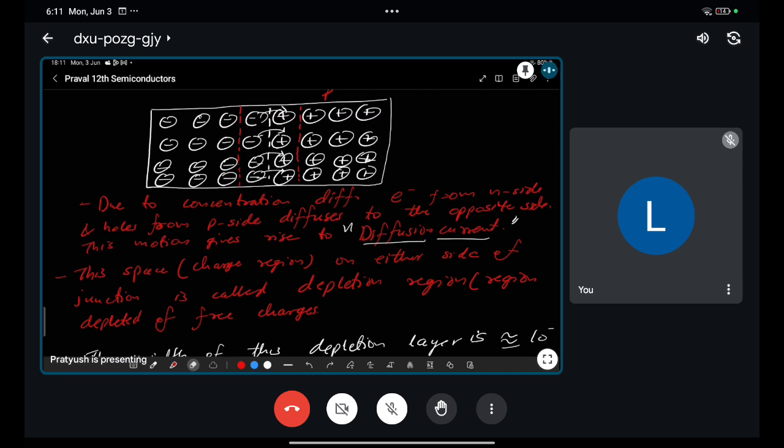It means the charge carrier which was present earlier is now absent. So, in absence of charge carrier, no current will be there. This is called depletion region. Why is it called depletion region? Because the charge carriers are not present in it now. Okay.